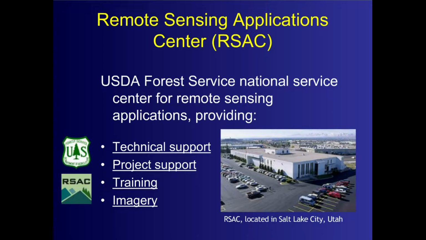In terms of the services that we provide: technical support, project support, training, and imagery. Many people in the Forest Service aren't even aware of what we do, and are not aware that we provide these resources for them. So any of you that are in the Forest Service, be aware that there are resources available to you.